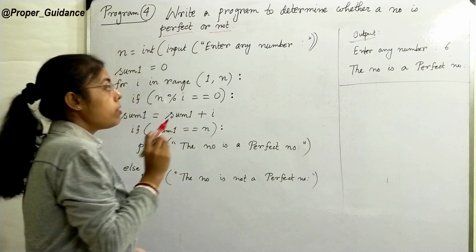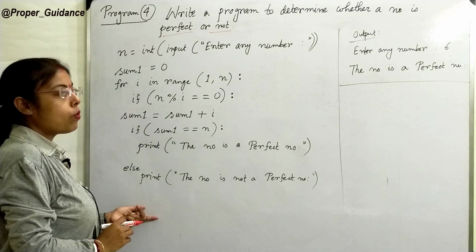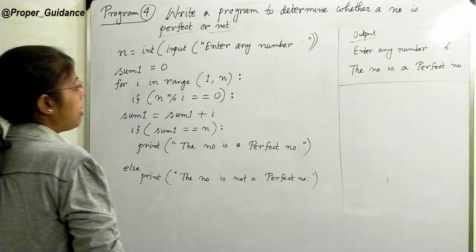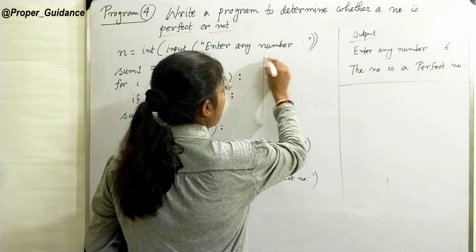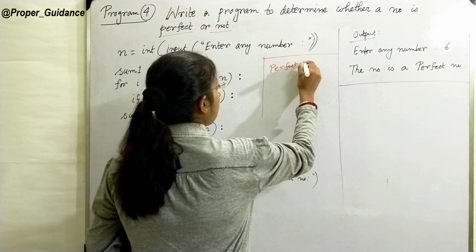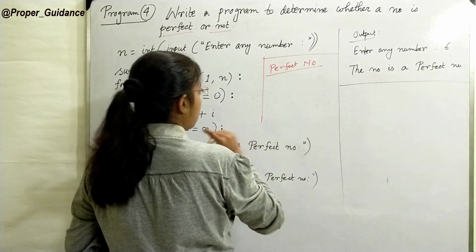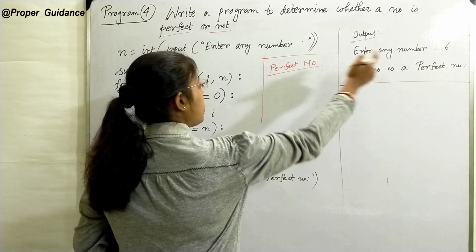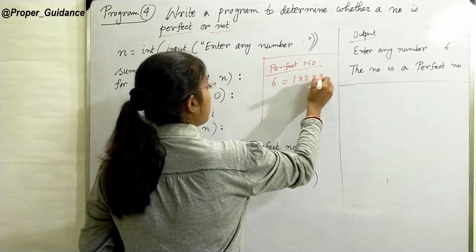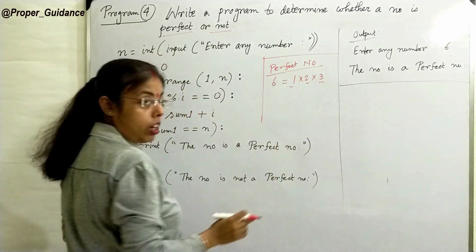Now, the first thing is, what is a perfect number? I think you people know what a perfect number is. Still, for the beginner level, I am just saying what a perfect number is. Perfect number means, suppose the number is 6. 6 equals 1 into 2 into 3. 6 is a multiple of 1, 2 and 3.